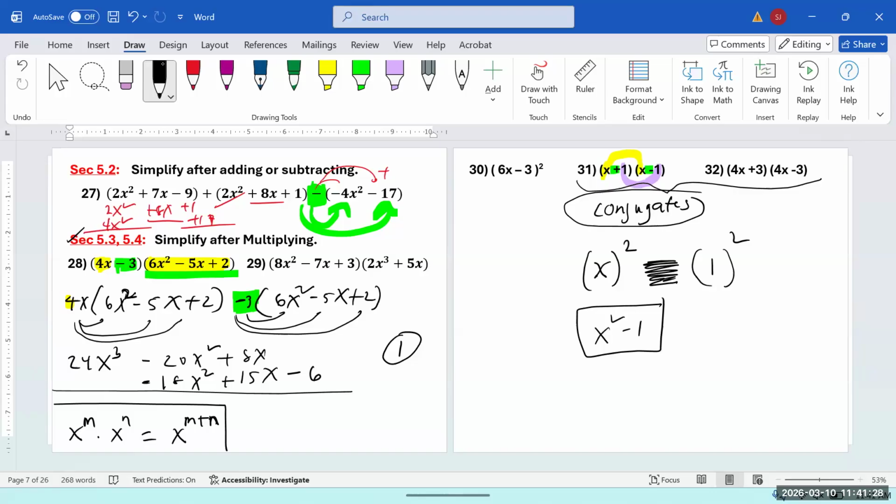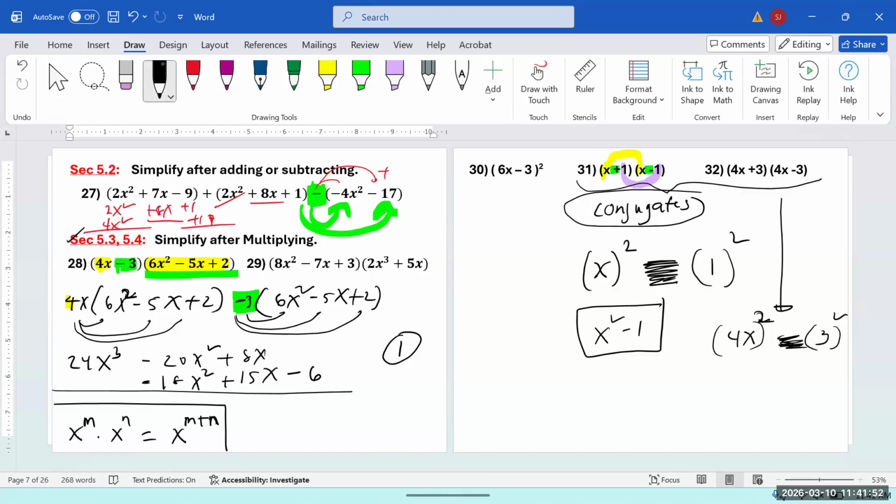So for the next one, we have 4x and 4x, and we have 3 and 3. The difference is the sign. One is plus, one is minus. So what will be the answer for this one? 4x whole thing squared minus 3 squared.